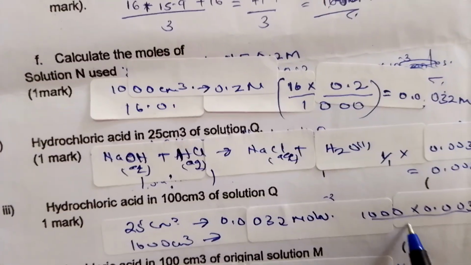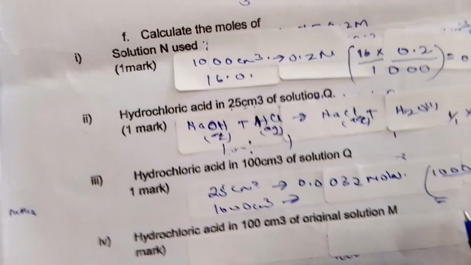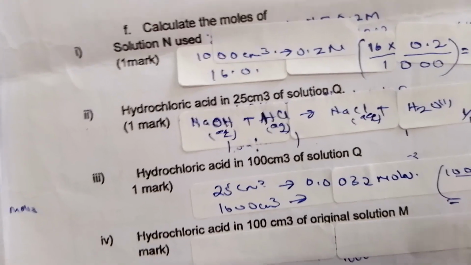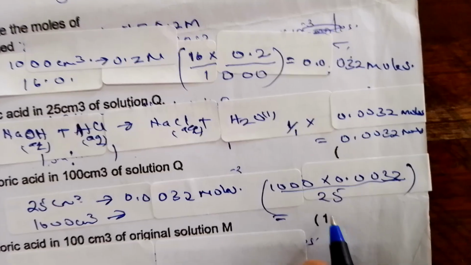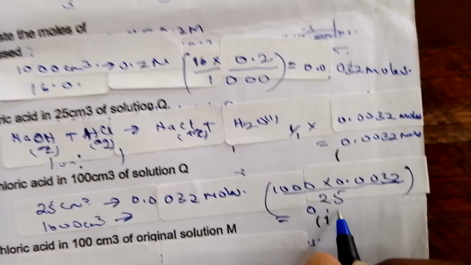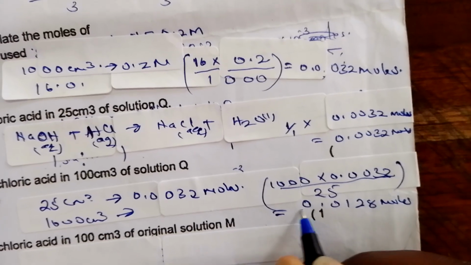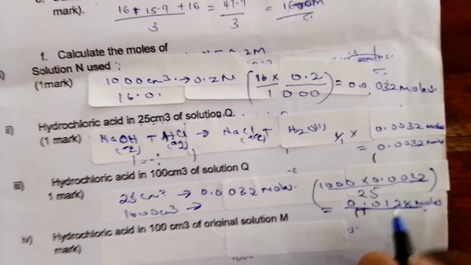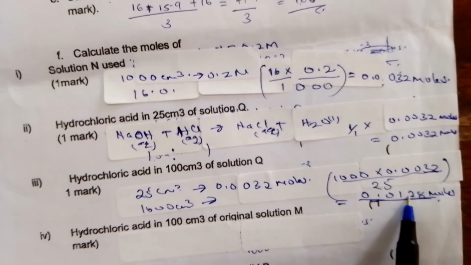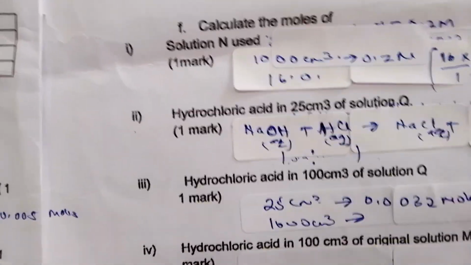Then we divide everything by 25, so that if you do your calculations properly, you will end up with 0.0128 moles as your final answer. Remember, it was in 100 cubic centimeters. So these are the number of moles that are in 100 cubic centimeters of solution Q.